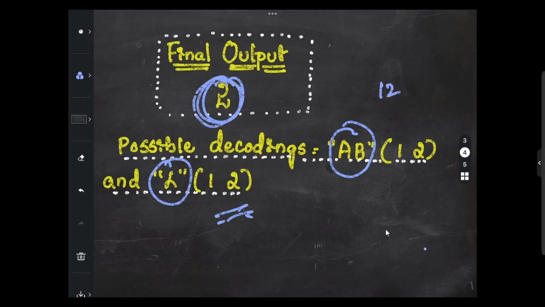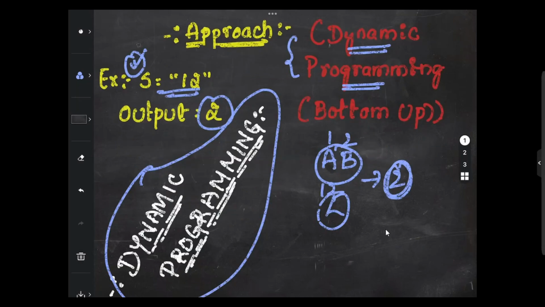These are the two ways the digits 1, 2 can be decoded, and we have to return the number of ways, which is 2. The output we got is equivalent to the output they have given for example 1 in the question, so the approach works absolutely correctly in this case.